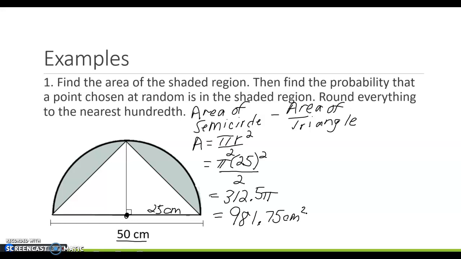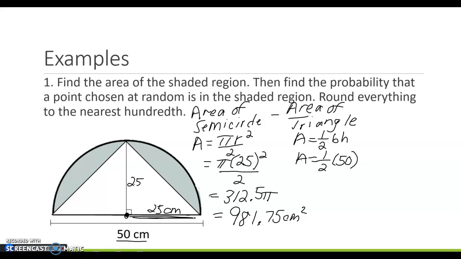Now let's look at the area of this triangle. So this triangle, they do not tell me that it's an equilateral triangle or anything. So we're just going to use our regular area formula, which is 1/2 base times height. So when I look at this picture, the base of the whole triangle is 50, and the height of the triangle is the same as the radius.